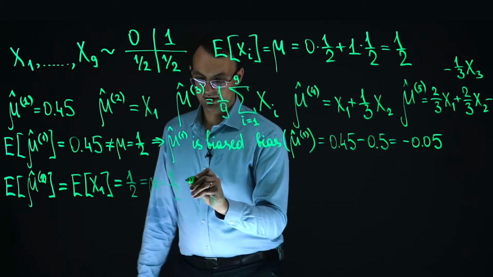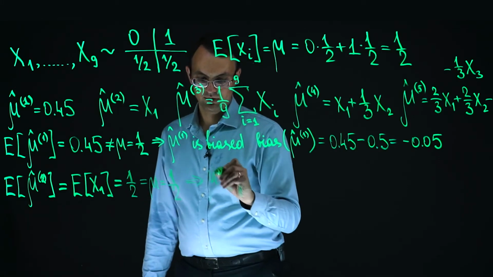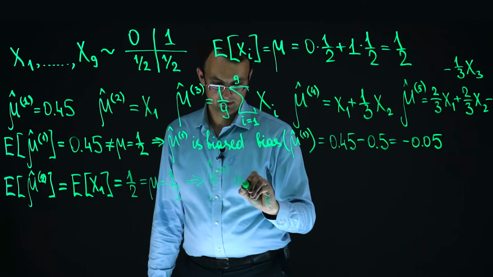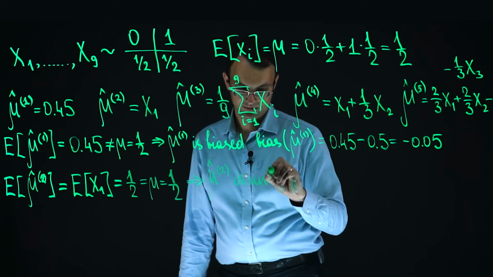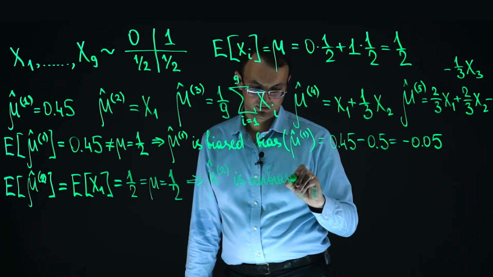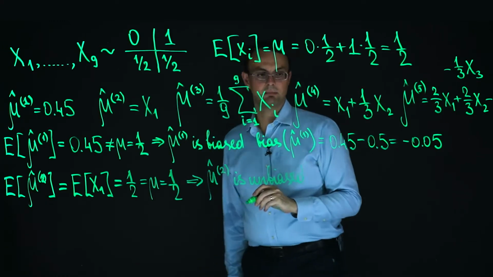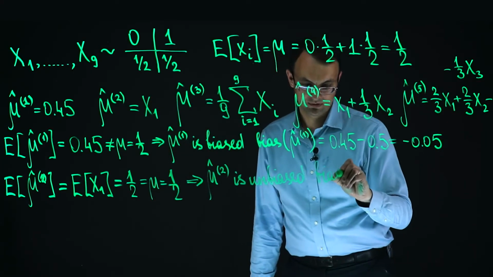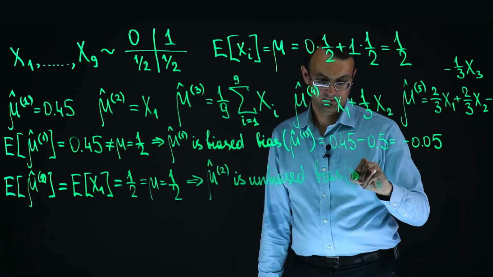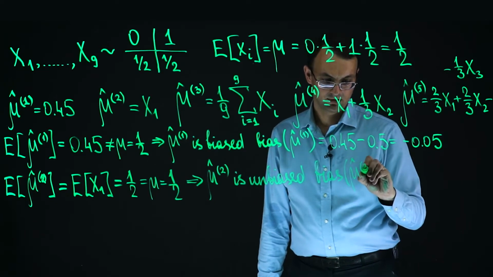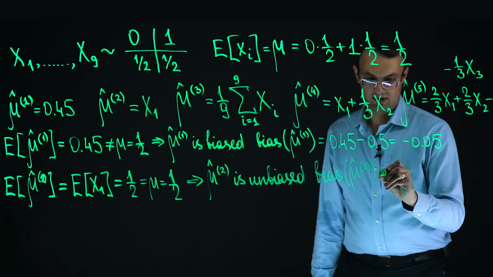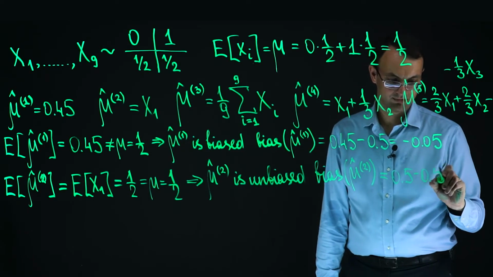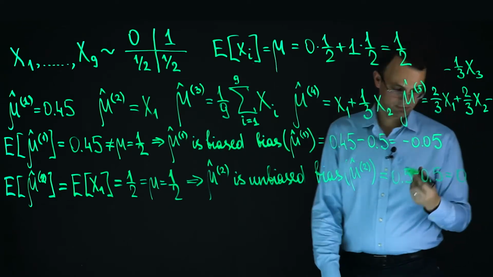That means that mu hat 2 is unbiased, and the bias is 0. So the bias of mu hat 2 is 0.5 minus 0.5, which is 0.